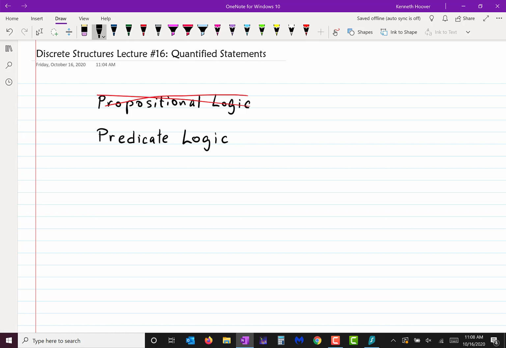Now, some of this stuff that we're going to be doing now, we actually mentioned way back in chapter 1. So don't let it confuse you that I'm going to be defining some things and using some words, and you might be thinking, well, wait a second, I thought we already did that. That's true. Don't let that confuse you. We have talked about some of this stuff before.